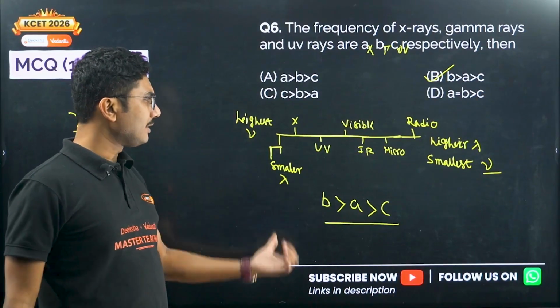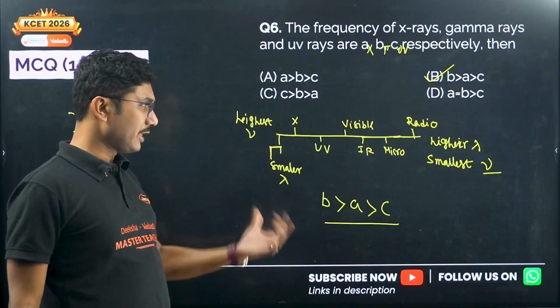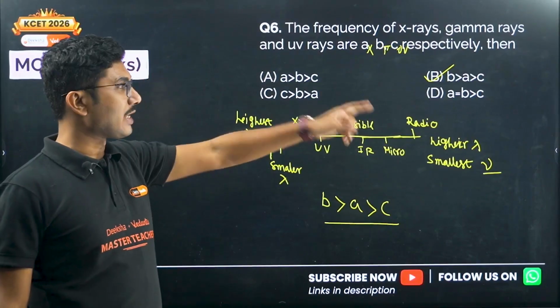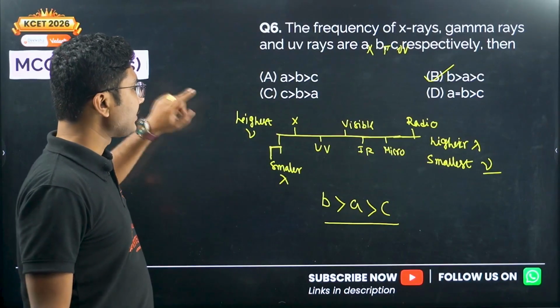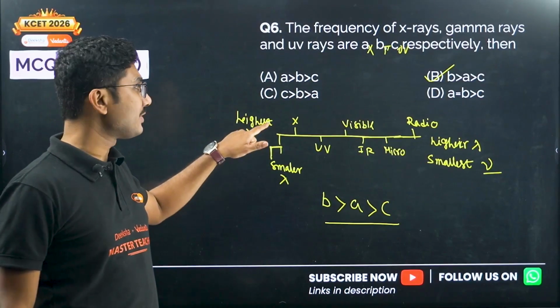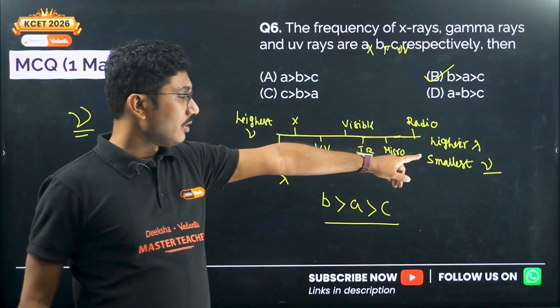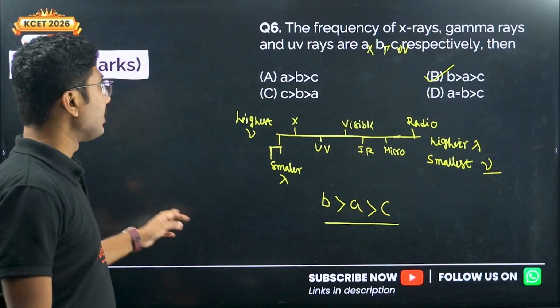In terms of wavelength, gamma ray has smallest and radio waves have highest. In terms of frequency, gamma ray have highest frequency and radio wave has smallest frequency.